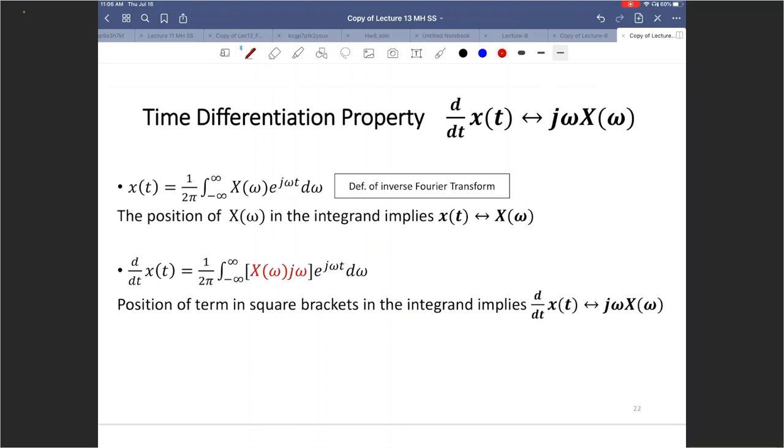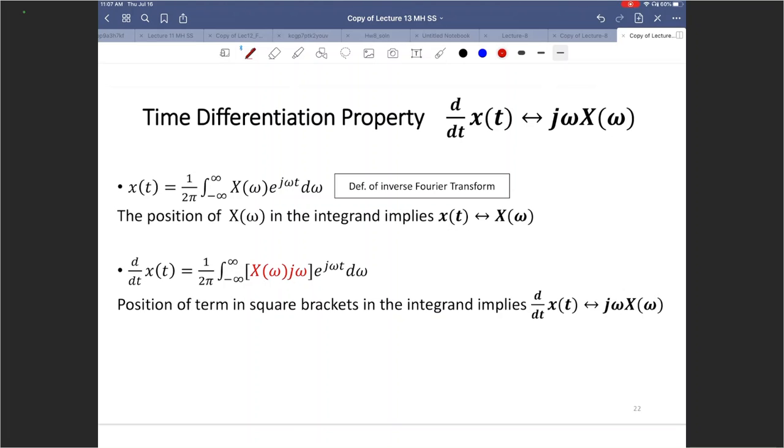Whenever you have a linear function or a quadratic or a cubic, you can use the time differentiation property 1 time, 2 times, 3 times, and so on. And all you have to do is track back by dividing the Fourier series coefficients by j omega k, 1 time, 2 times, 3 times, and so on. So it's very, very handy to have that time derivative property for Fourier series.